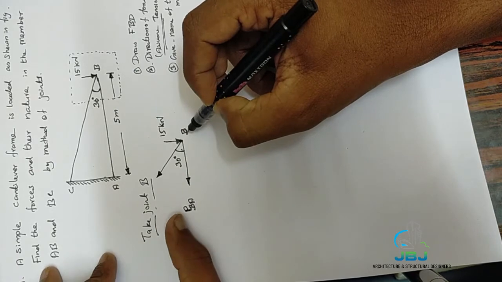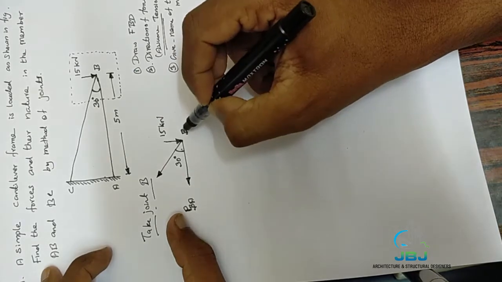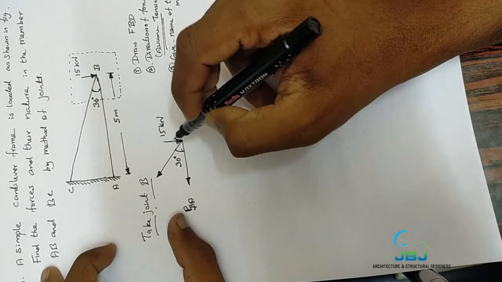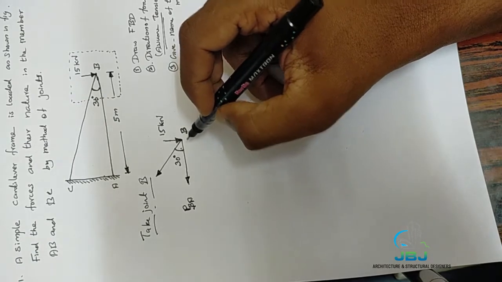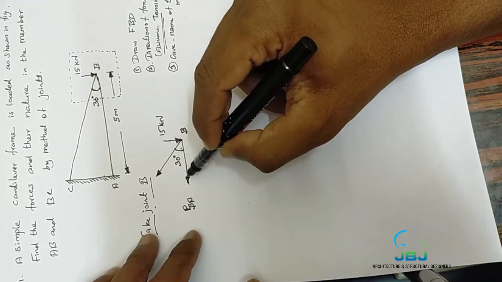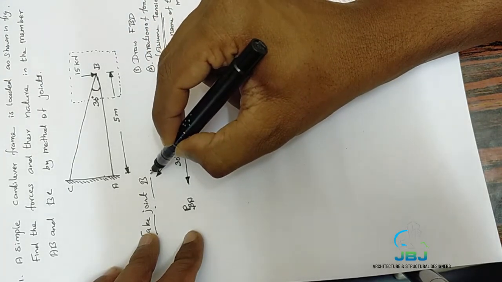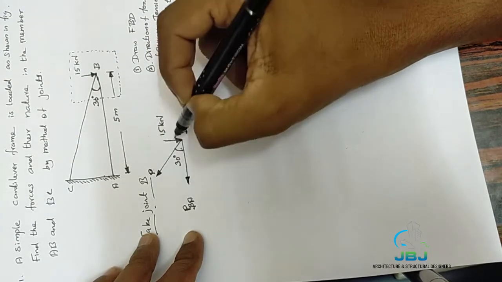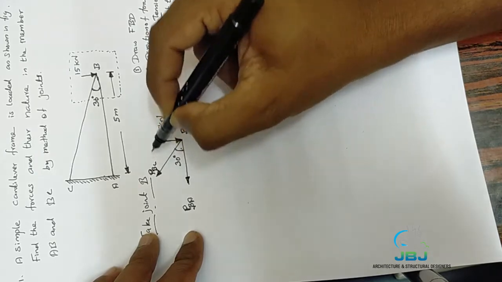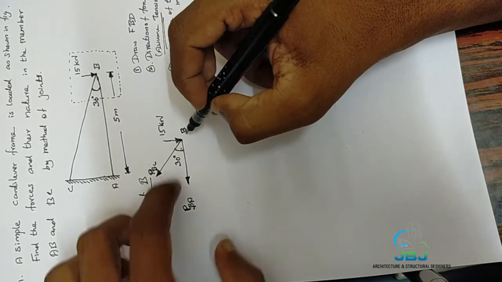So B represents the joint we are taking. A means where this member is going. Similarly we can provide another member name, P B C. Can you understand? So P B C.